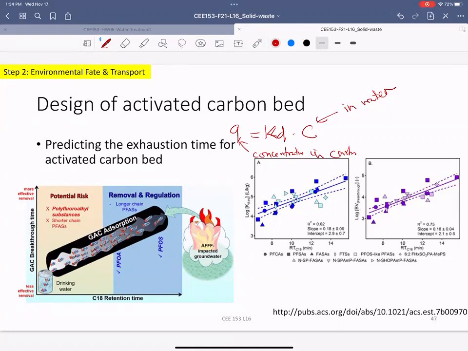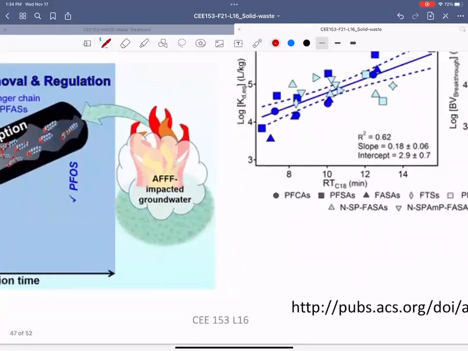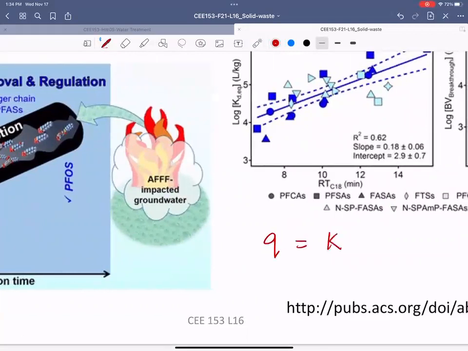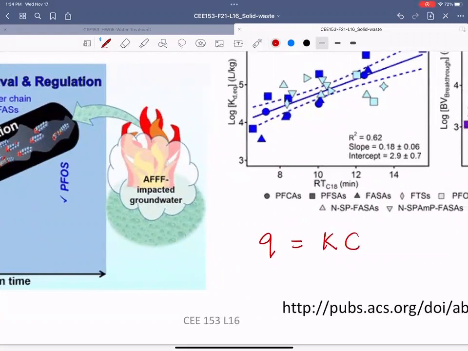Okay, so this is a linear equation, but most of the time, this is not linear. This is a non-linear equation. That means the contaminant concentration in carbon is equal to some coefficient times concentration to a power.